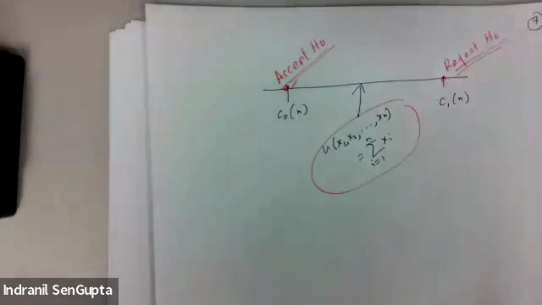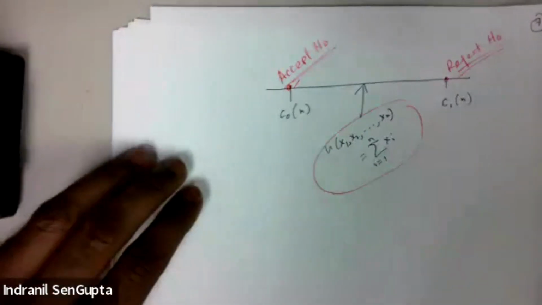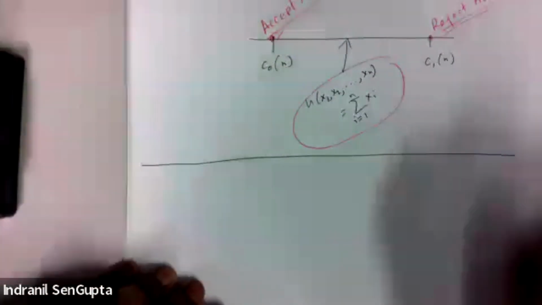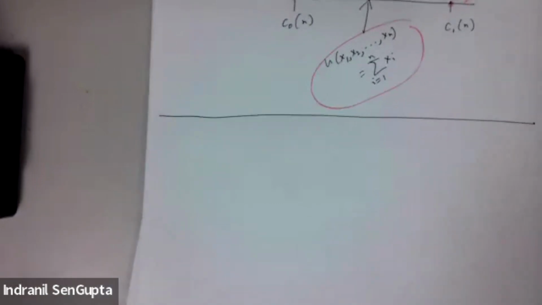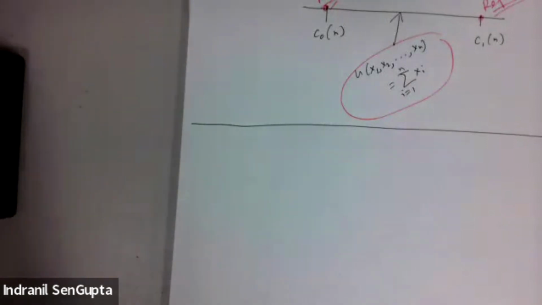Now let's do another example. But before doing another example, there are some important issues. For instance, when we are studying this test, I'm trying to find the test. It's right here.